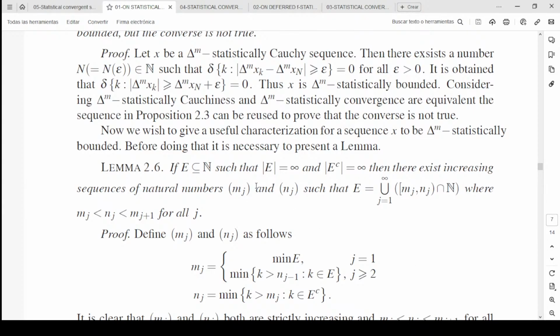If E is a subset of natural numbers with infinite cardinality, and it also has a complement in N with infinite cardinality, then there exists increasing sequences of natural numbers m_j and n_j such that E equals the infinite union of these intersections, where n_j is between m_j and m_j plus 1 for all j.